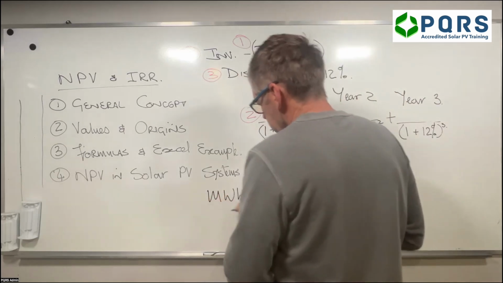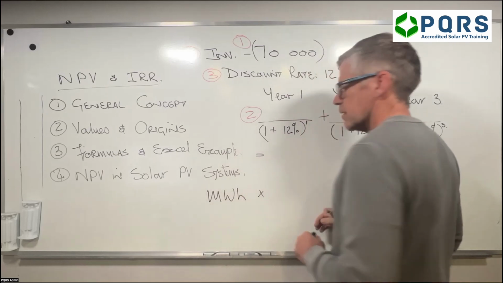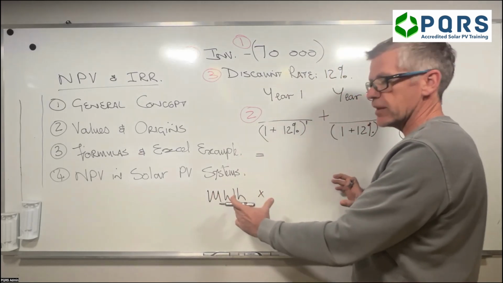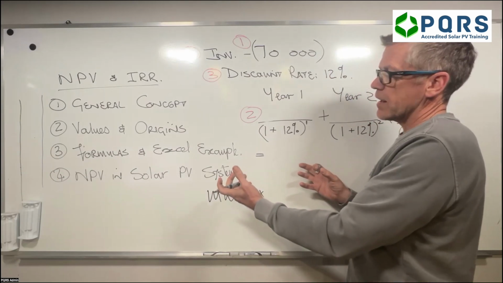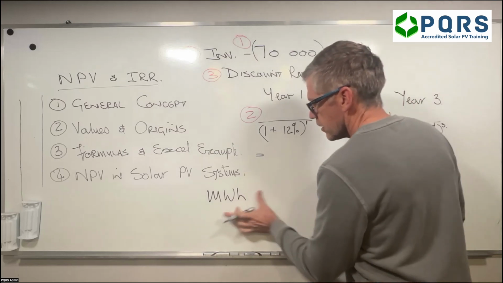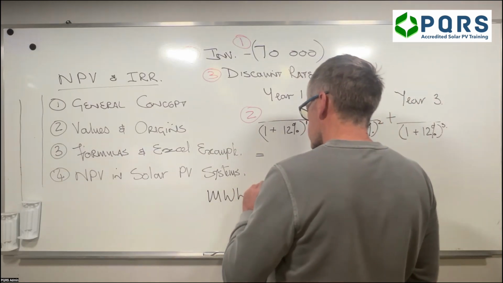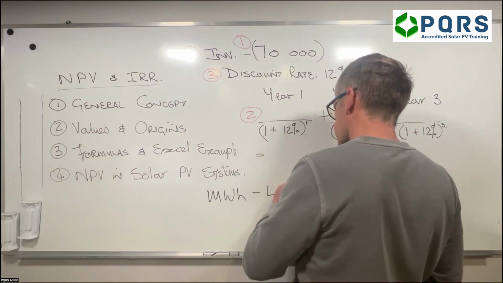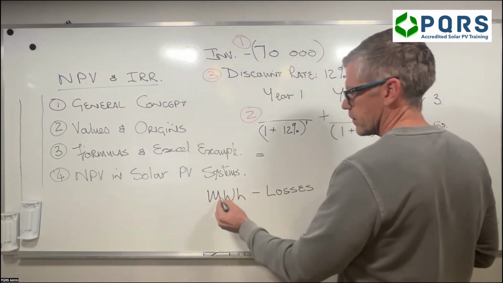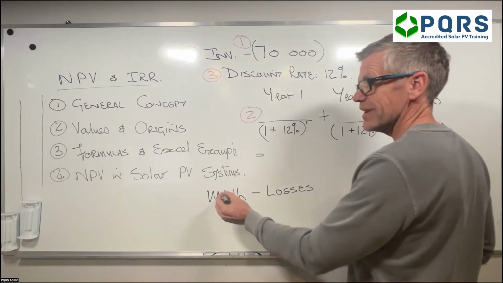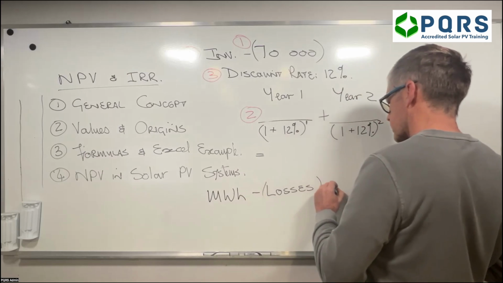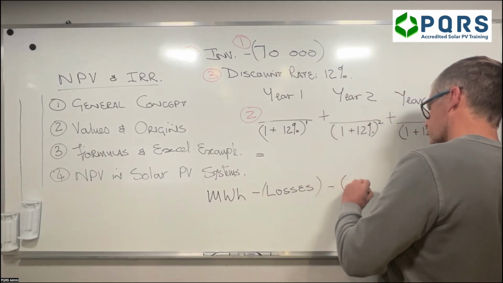So you'll take the energy value and you will allocate, depending on whether the megawatt hours generated by the solar system has losses included in it or whether the losses have been taken out. If it's a bulk value, you will deduct losses, and that will give you your net megawatt hours, and then you will deduct a usage factor.